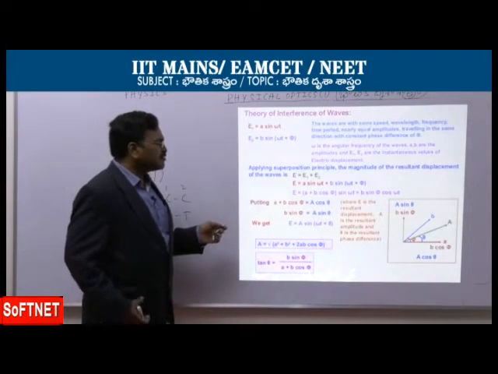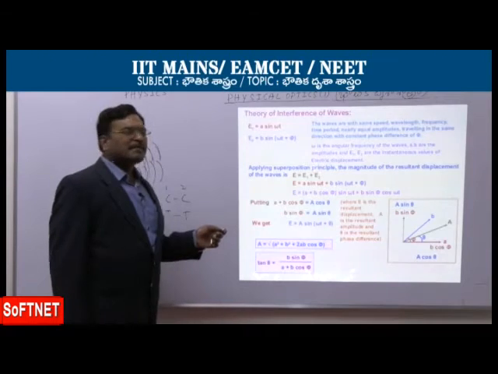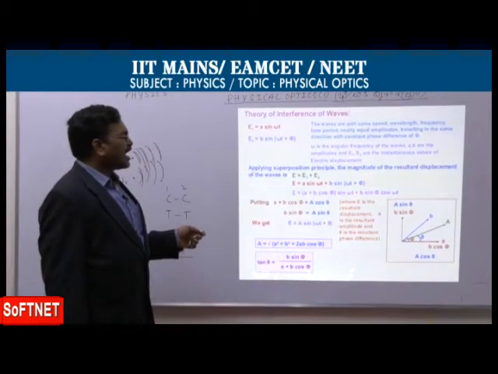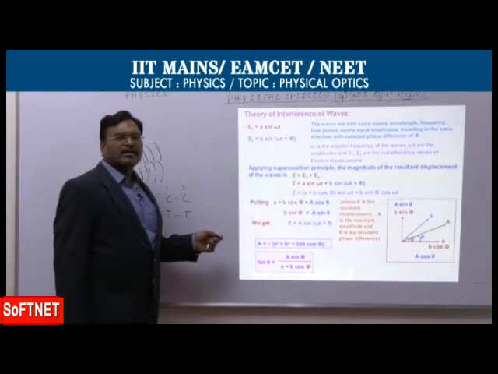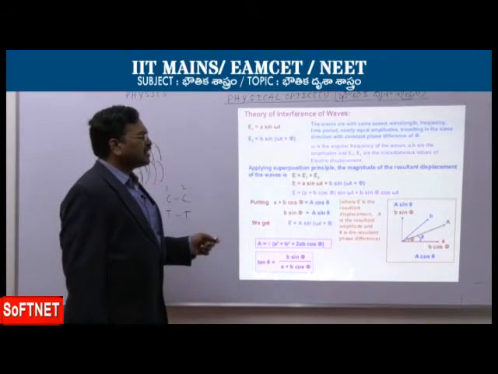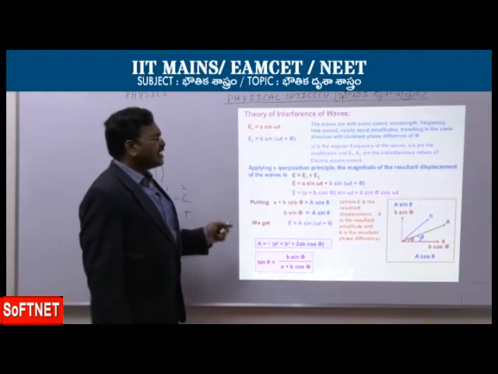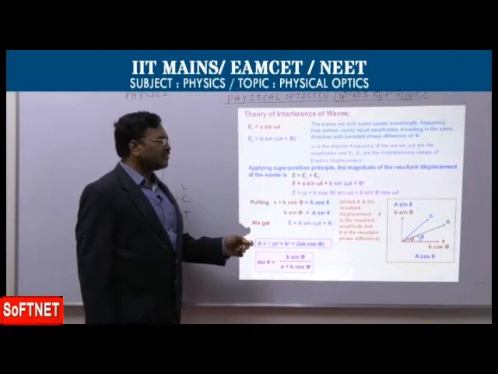Now applying the principle of superposition, the magnitude of the resultant displacement E is equal to E1 plus E2. E1 is A sin omega t, E2 is B sin (omega t plus pi).